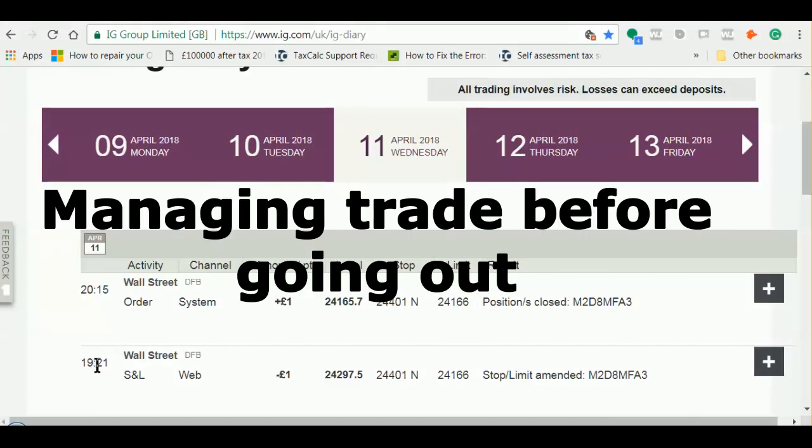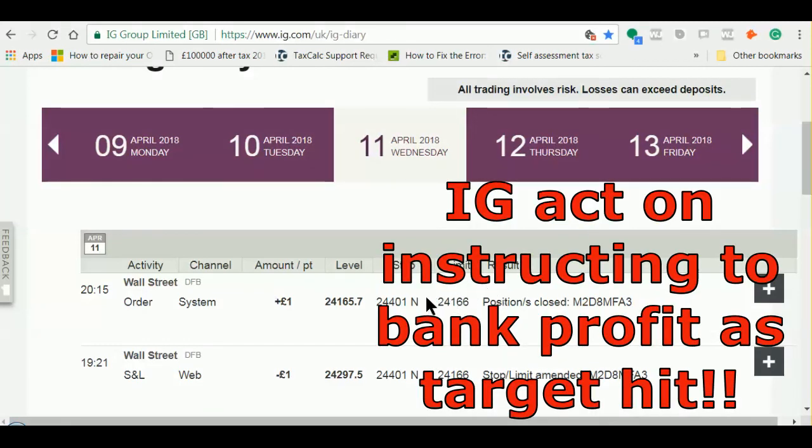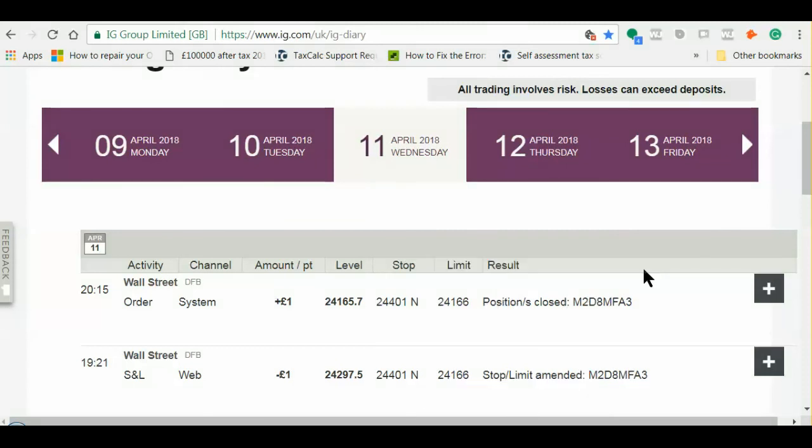I did that at 7:21. Went off to play snooker, and at 20:15, so just less than an hour later, the trade was automatically closed, banking me that 131 pip profit at 24,166.